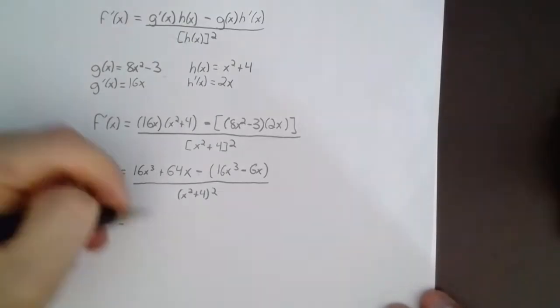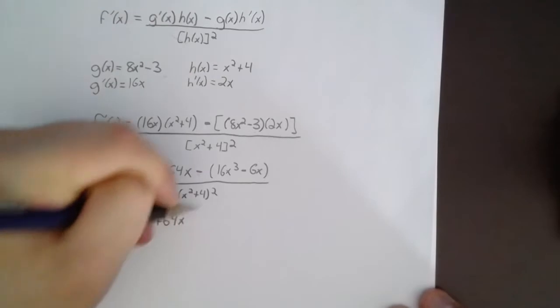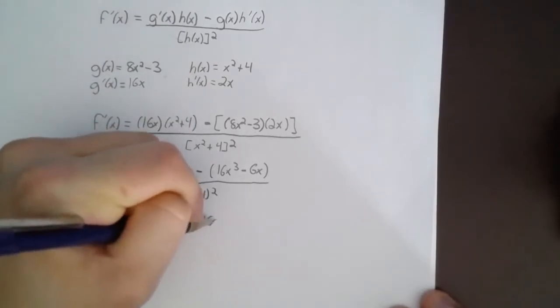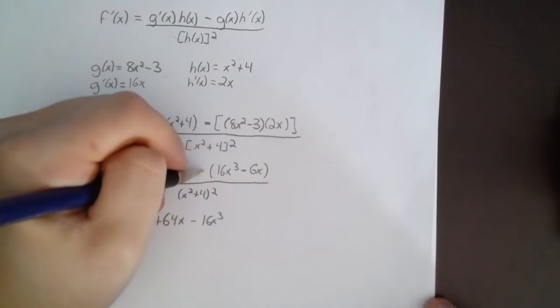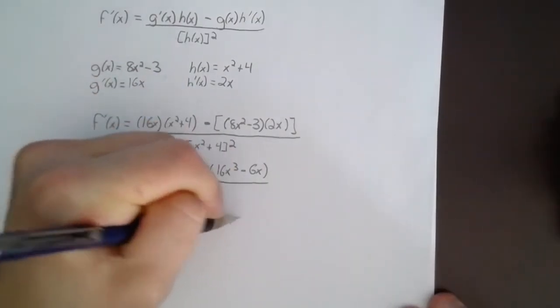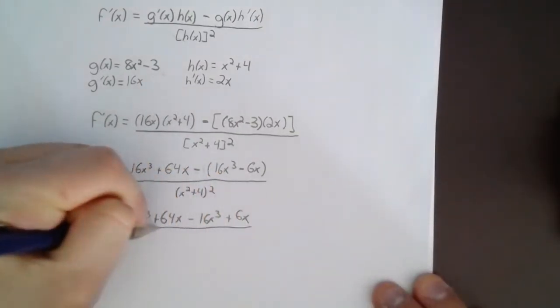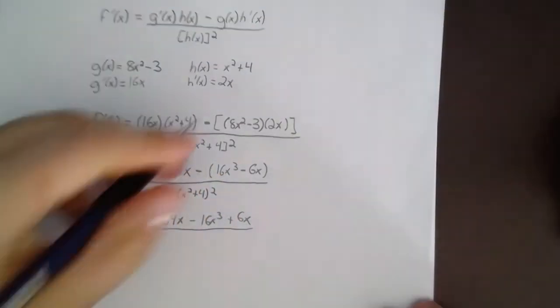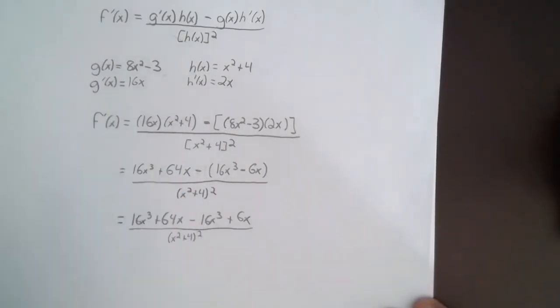So let's clean that up. We have 16x cubed plus 64x minus 16x cubed minus, negative 1 times negative 6x gives me the positive 6x. And then my denominator just stays the same. So I have x squared plus 4, squared.